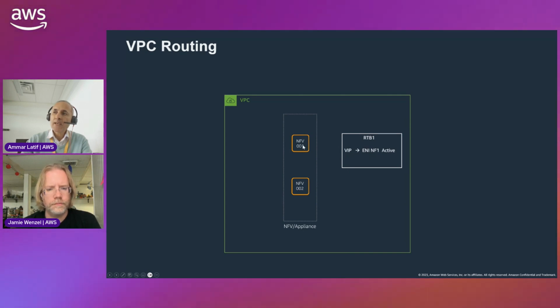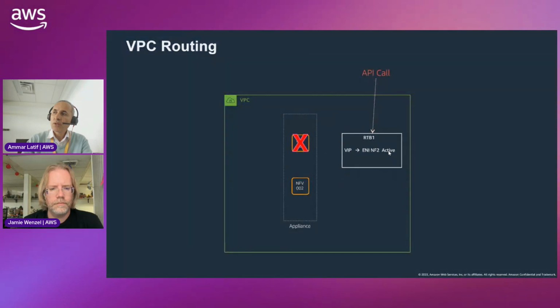So now let's say you want to fail over. Something happened to this NFV and you want to fail over the traffic from this instance to this instance. Today, the way to do that is to issue an API call to update this route table and switch the routes into the ENI for NFV2.